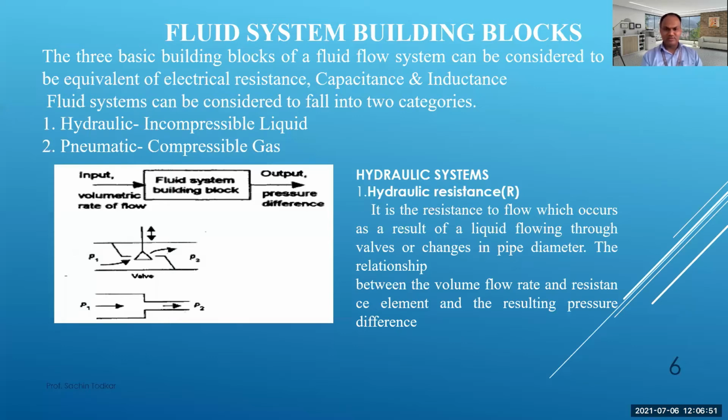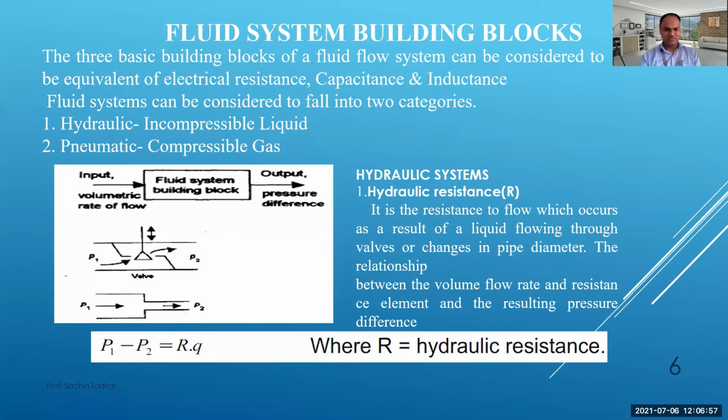The relationship between volume flow rate and resistance element and the resulting pressure differential we are going to see. P1 minus P2, that is the difference in pressure, must be equal to resistance multiplied by the discharge Q. Discharge is nothing but the volume flow rate. Where R will be the hydraulic resistance due to that wall or due to the change in the diameter of pipe.